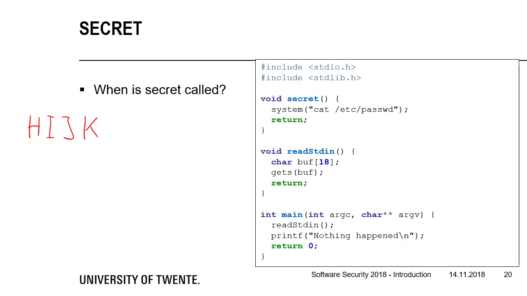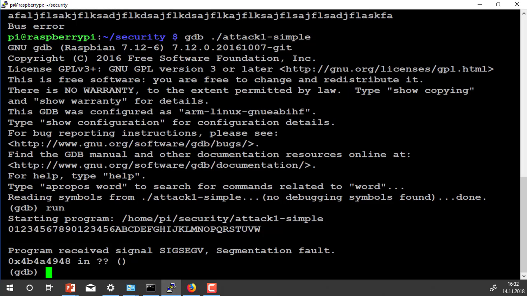And let's see. Yeah, that looks good. Well, almost. Yes, so the output I get is 4B for K, 4A for J, 49 for I, 48 for H. Yes, so that looks good. So for some reason, apparently our return pointer was overwritten with those characters.